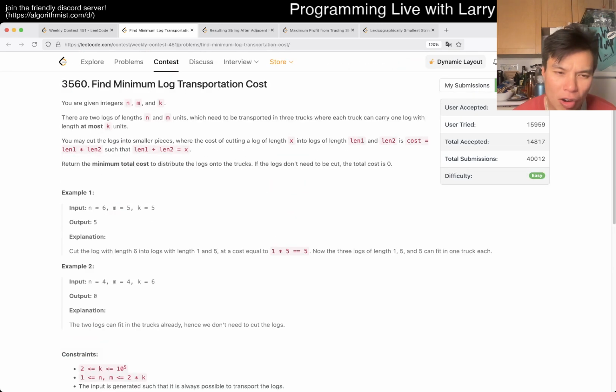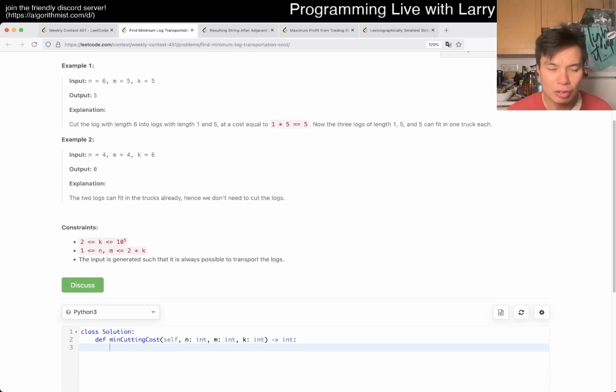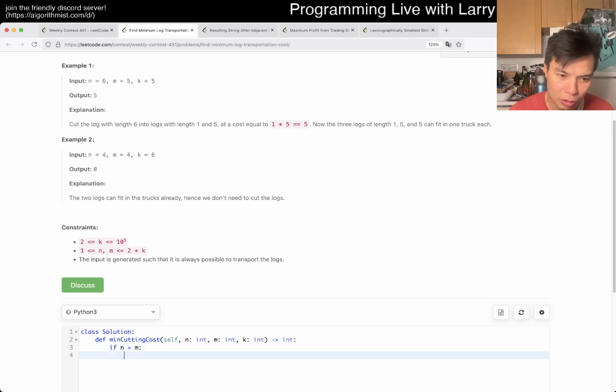We want the min cost, so that means that we want it to be as unequal as possible. So that means that one of them is going to be K, right? So we could sort. If n is greater than m, then we swap so n is the smaller.